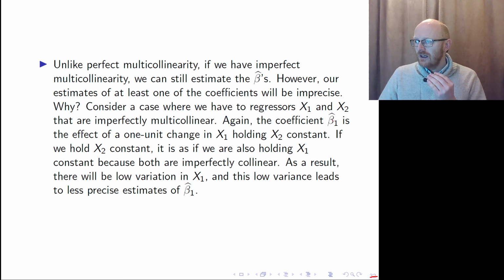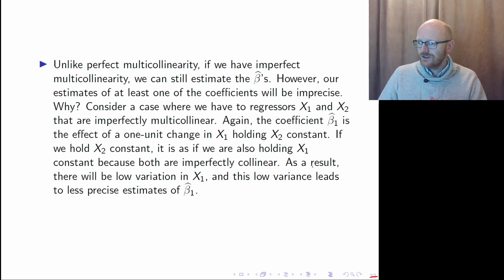It's the effect of a 1 unit change in x1 on y. Okay, but if you do that, you have to hold the other x variables constant. So you're holding x2 constant. But if x1 and x2 are imperfectly multicollinear, then if you hold x2 constant, you at the same time try to hold x1 constant.